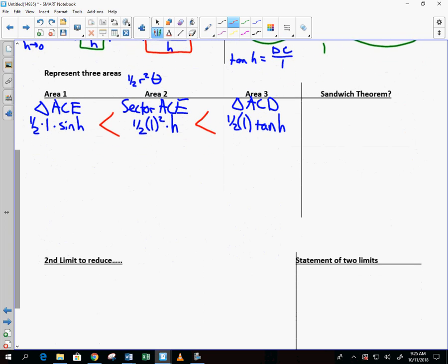All of a sudden, I have a nice handy-dandy equation going on here that is going to help me out a heck of a lot. In fact, I have 1/2 sine of h is less than 1/2 h, which is less than 1/2 tangent of h.